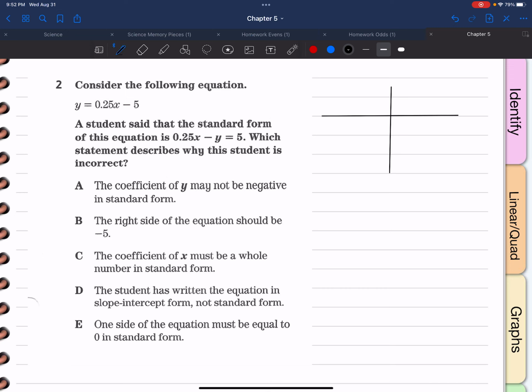What we want is standard form, which is ax plus by equals c. What we have is y equals 0.25x minus 5. So let's see what this comes out to be in standard form.